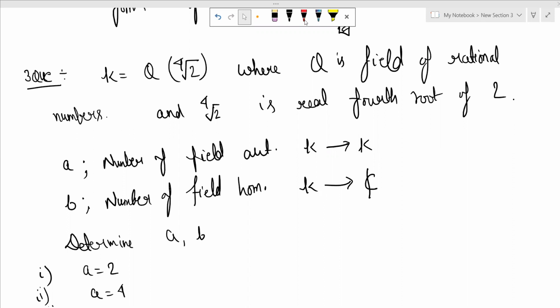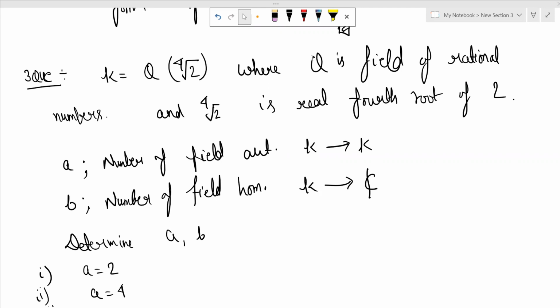This is assumed by your instructor. Even from Q to Q, there is no non-zero homomorphism other than the identity one. You can prove this fact. So this is not a worry.